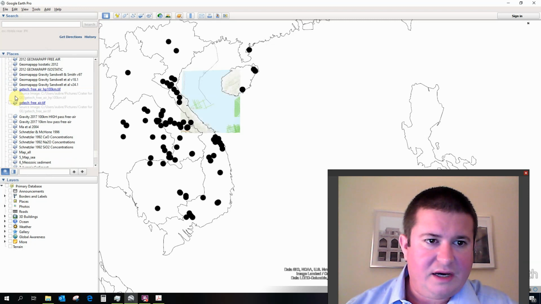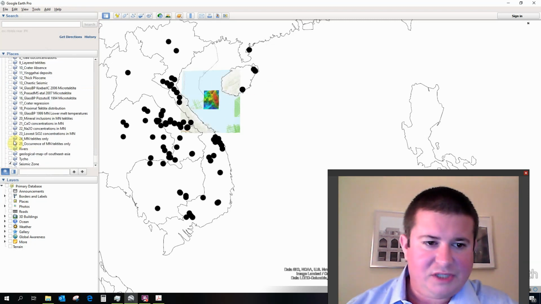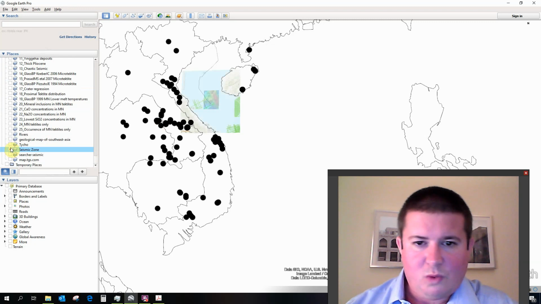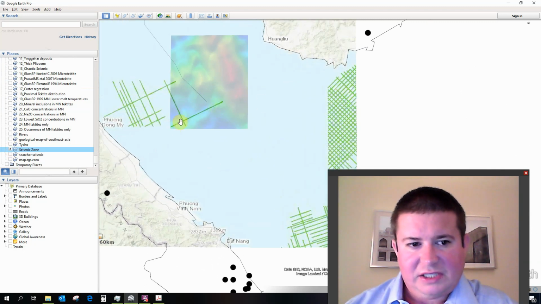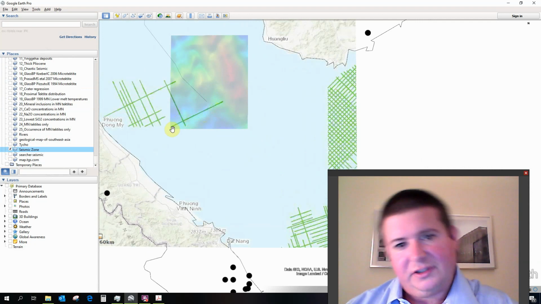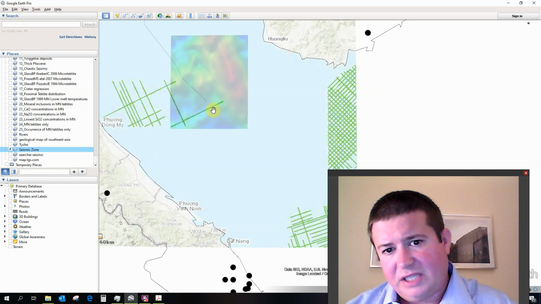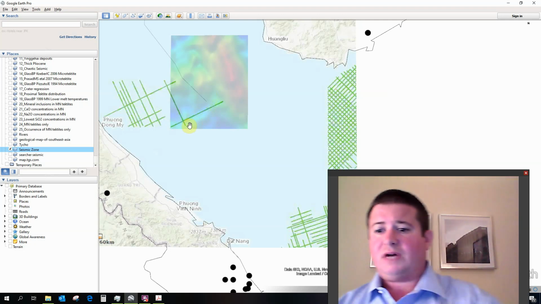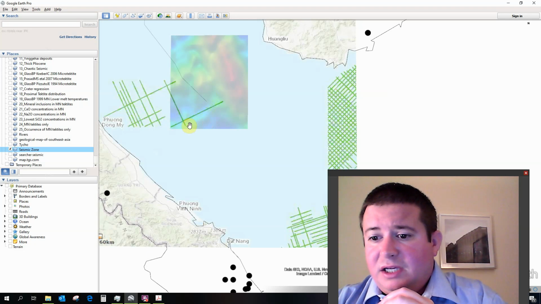I'm going to put that map up there, the gravity up there, because then I can see what I'm wanting to see. Now, I recently discovered this line is for sale. It potentially covers this gravity anomaly, not in an ideal place, but it's nearby. So I'm going to try and get this seismic line.